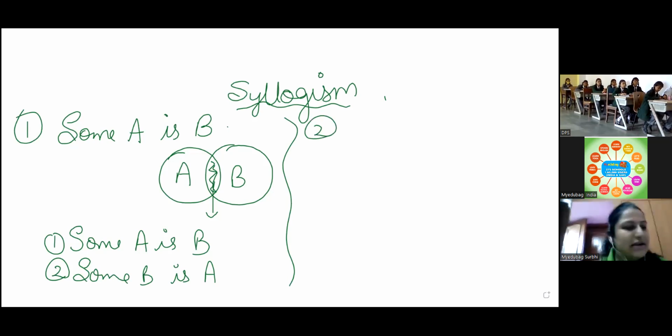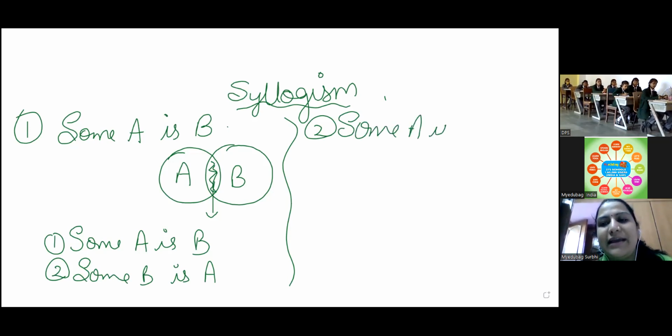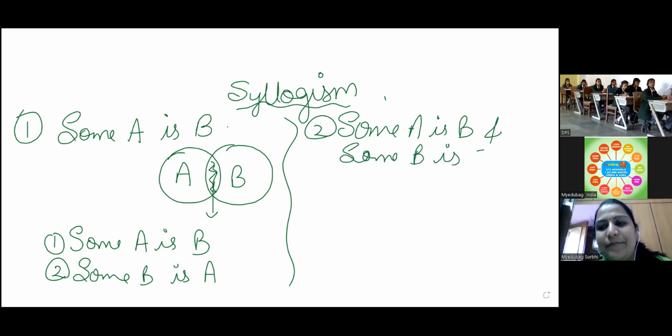Concept 2 is similar to this, but here two statements will be given, like some A is B and some B is C. So here how many alphabets are given? 3: A, B and C. But what is given? Some, meaning some part of.